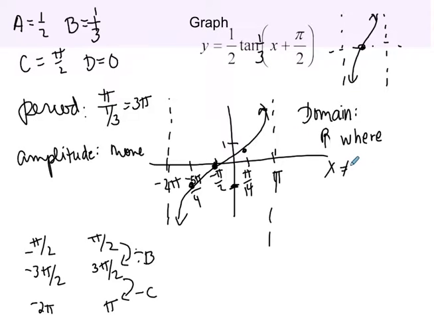So my first non-negative asymptote is at pi plus the period times k, 3k pi. K is an integer. My range is from negative infinity to infinity. And that is all. Any questions?